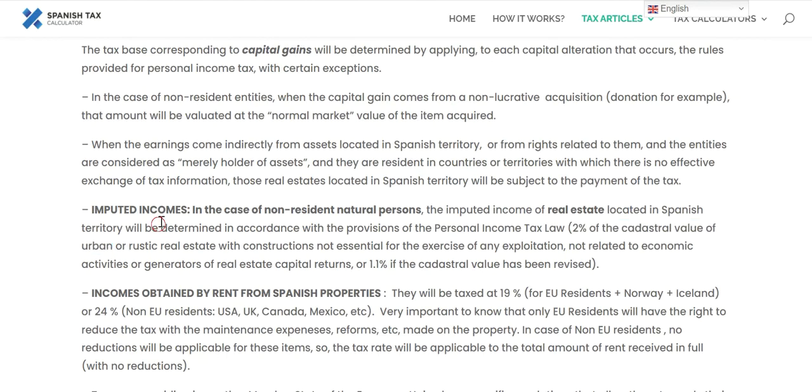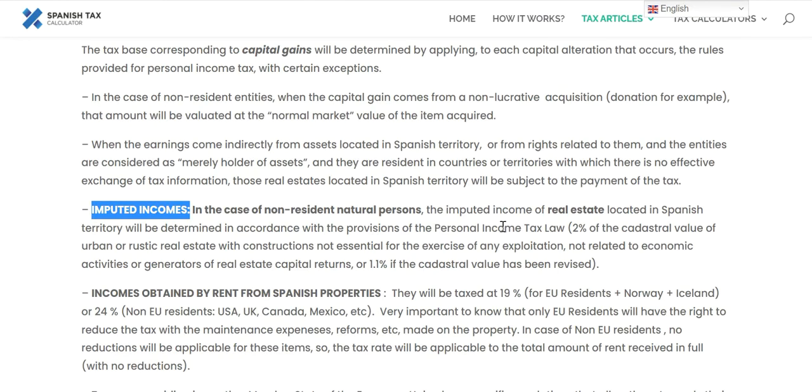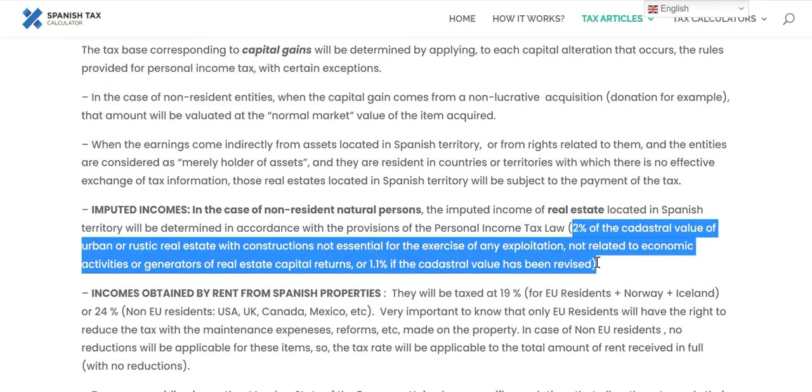So talking back to the imputed incomes, if, for example, this value is 60,000 euros, then the Spanish system considers that you have obtained 2% of that cadastral value, even if the property has not obtained any kind of incomes for rents during the year. Please take this into account.